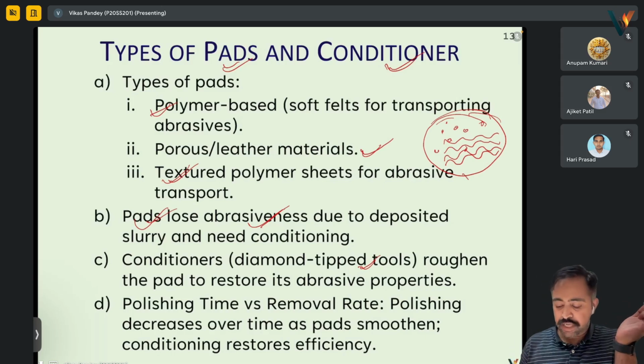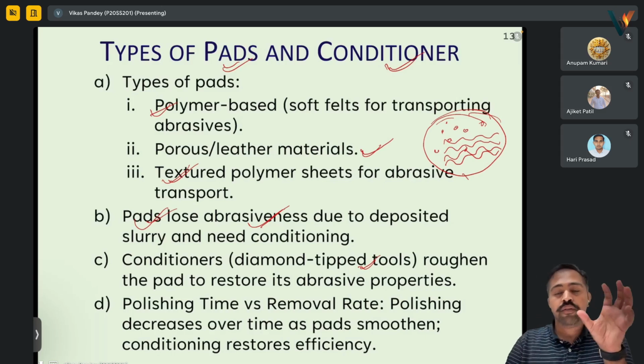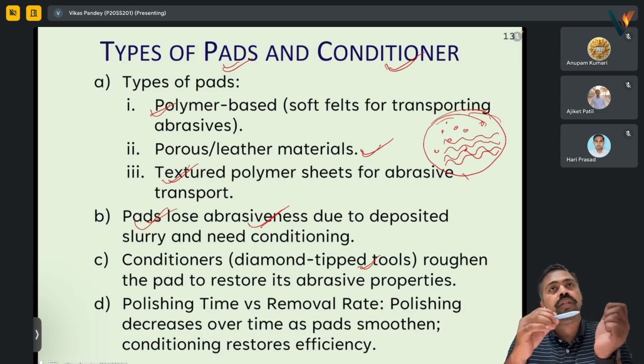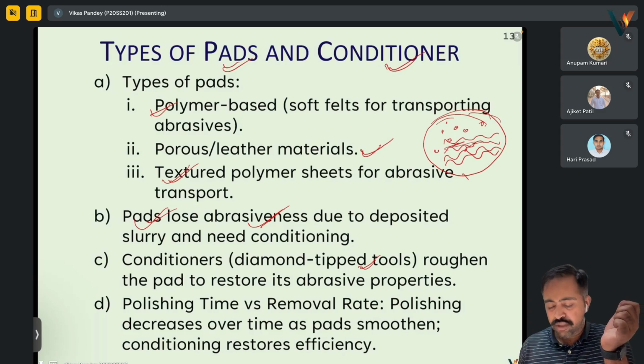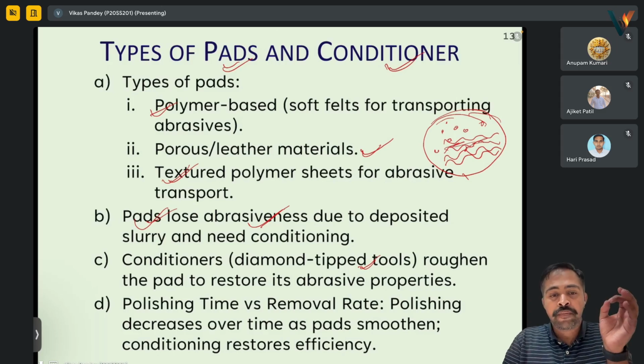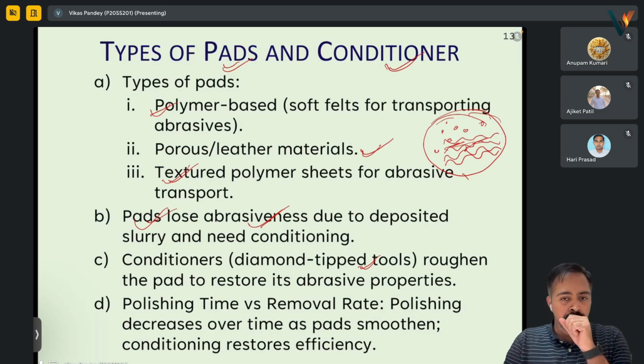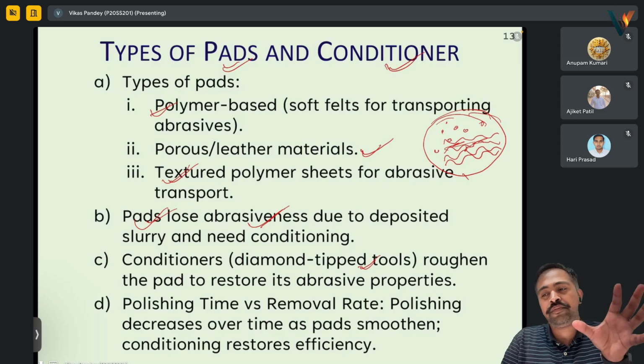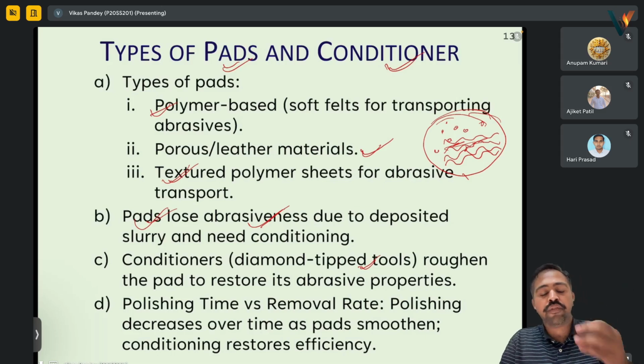This pad will be taken to the conditioner, which will remove the deposited slurry in between. After that it can be reused while it is still in a condition to use.